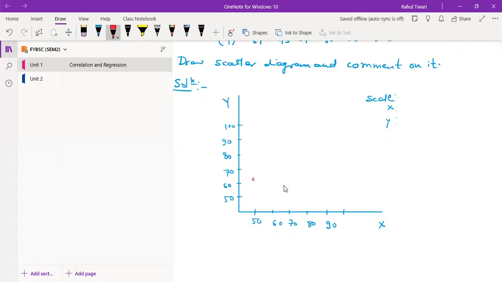Then next we have 68 and 75. 68 means approximately here, and 75 approximately in between. I'm just taking approximate positions, but you work properly with all the scaling. Then 46 and 54, somewhere here.